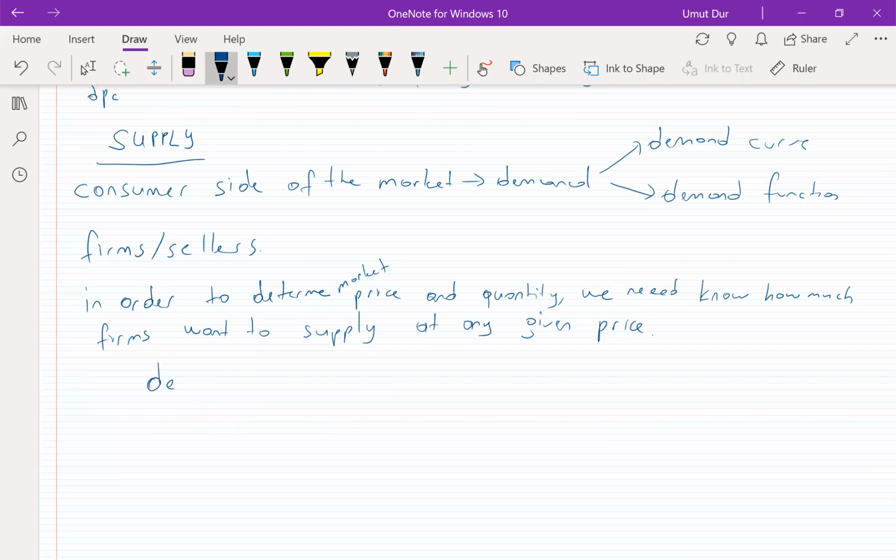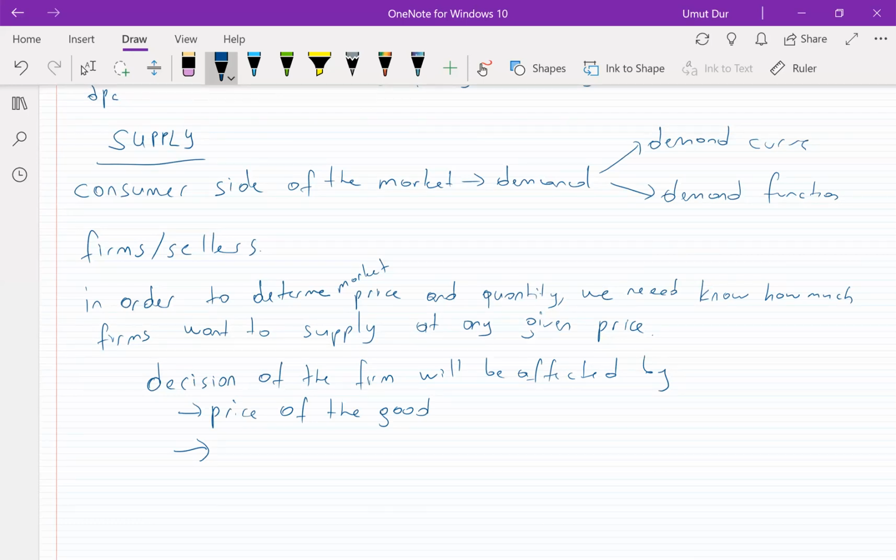The decision of the firm will be affected by the price of the goods, it will also be affected by the cost of production, and it will also be affected by government rules and regulations.